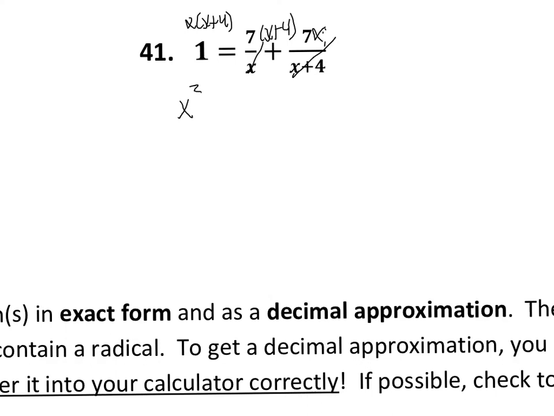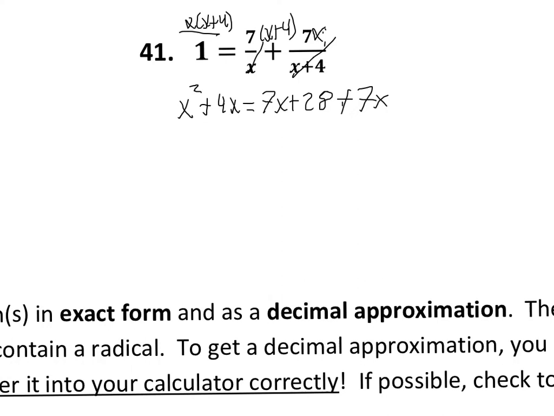So now I get x squared plus 4x equals 7x plus 28. Oh my goodness, I totally missed that one. Where did the x squared come from? The x times x plus 4 gives me x squared plus 4x.